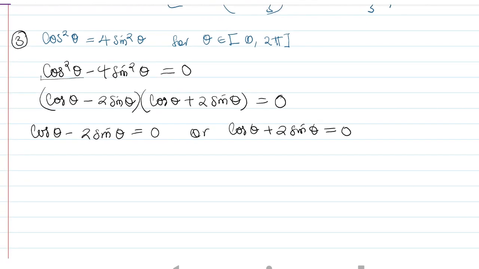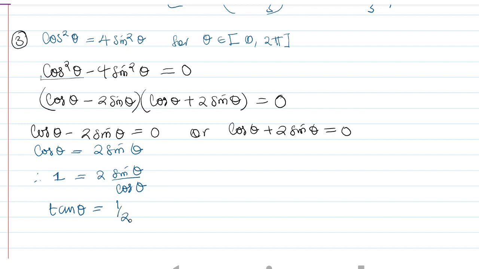So we can say cos theta is equal to 2 sine theta. We can divide throughout by cos theta, so therefore 1 is equal to 2 sine theta over cos theta. But we know that sine theta over cos theta is tan, so tan theta is equal to, dividing throughout by 2, 1 over 2.